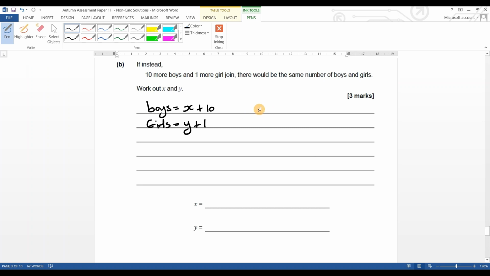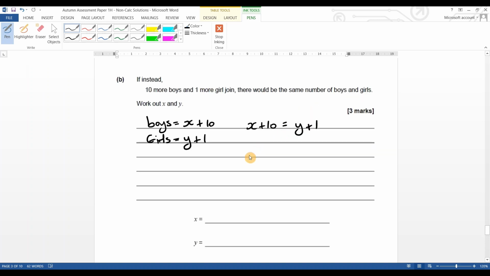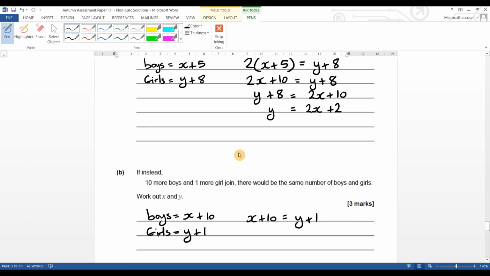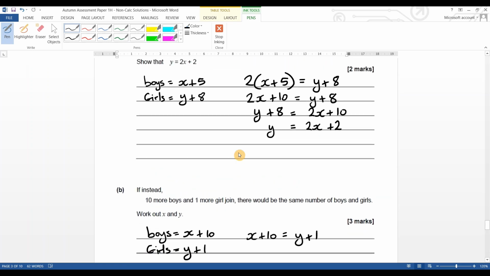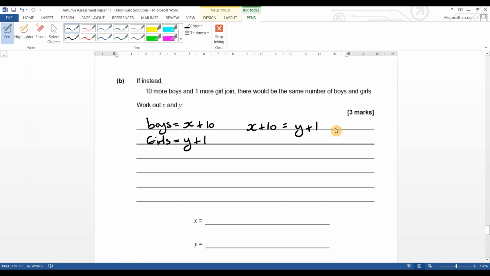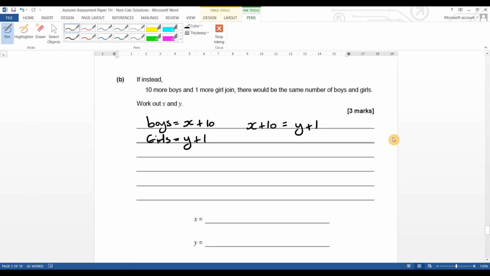Right, so now you've got x plus 10 equals y plus 1. Okay, let's compare this to the other equation. So I reckon we're going to get simultaneous equations. Let's make y the subject.